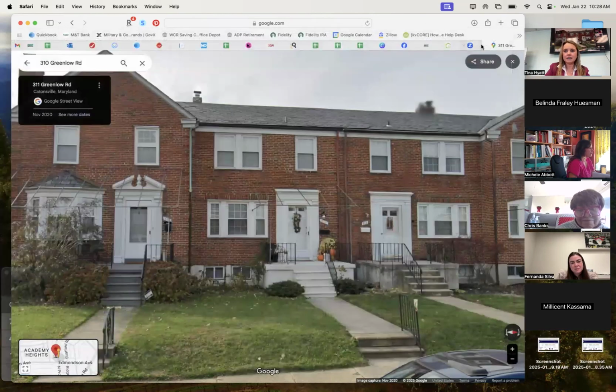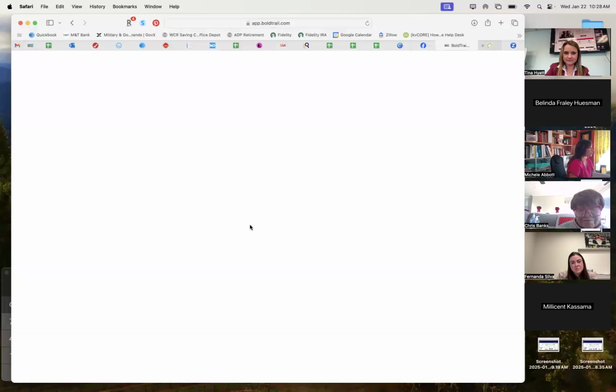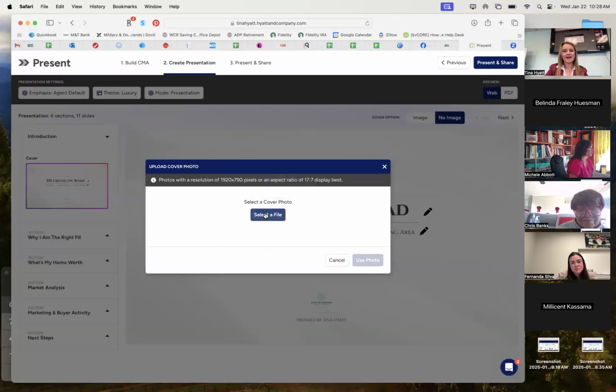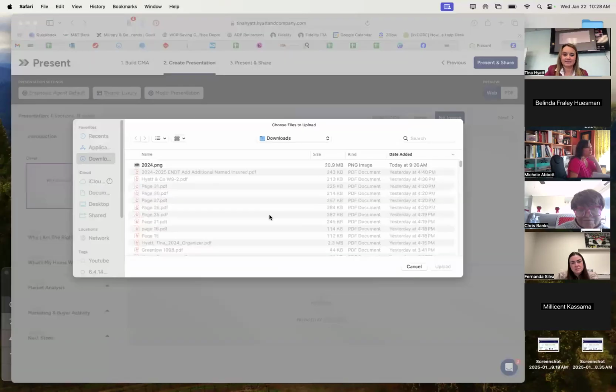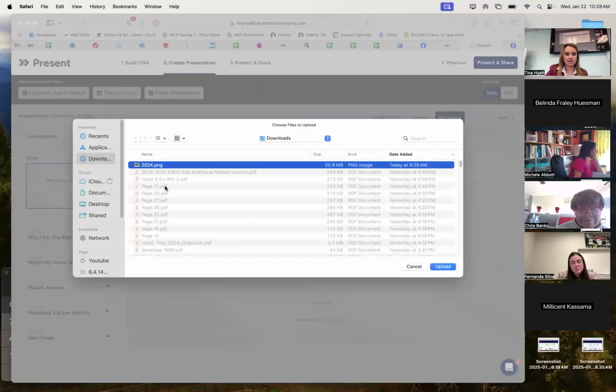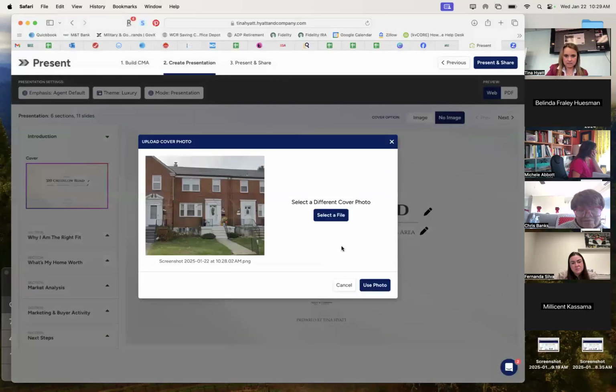So then I can come back over to my report. Now I'm going to select a file, and find that screenshot from my computer. Desktop, screenshot. And there's my photo, use photo.